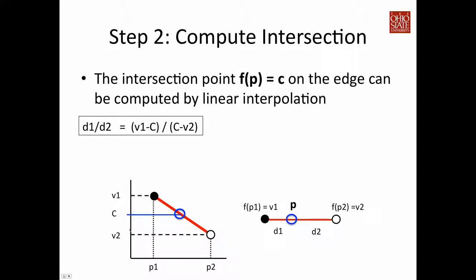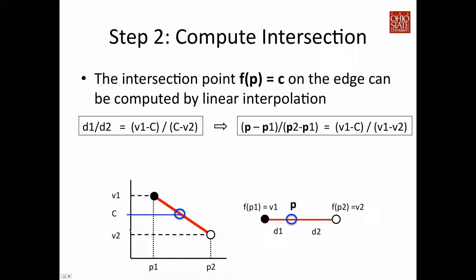So from here, we can further derive the distance D1, that is P minus P1. Here I use boldface representing P, P1 and P2, as they are all positional vectors. That would be 2 dimensions or 3 dimensions. Here I just assume it's 2 dimensions.